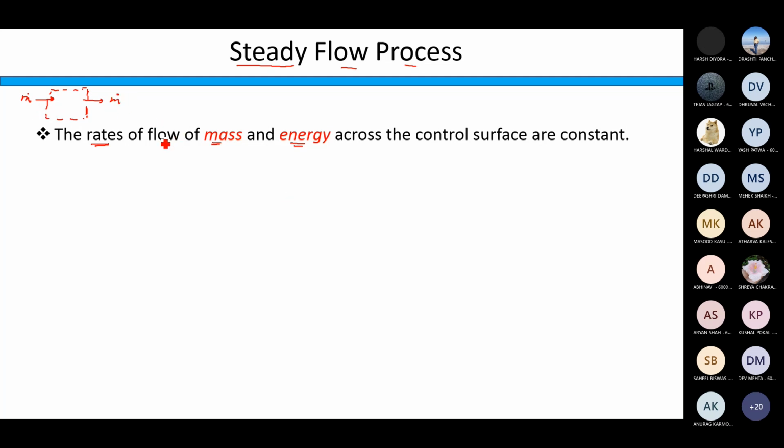So the rates of mass flow, and if suppose some energy is entering, any energy you can randomly choose, the same energy should be balanced when it is going out, right? So this kind of situation we will call the steady flow situation. So the rates of flow of mass and energy across the control surface are constant.